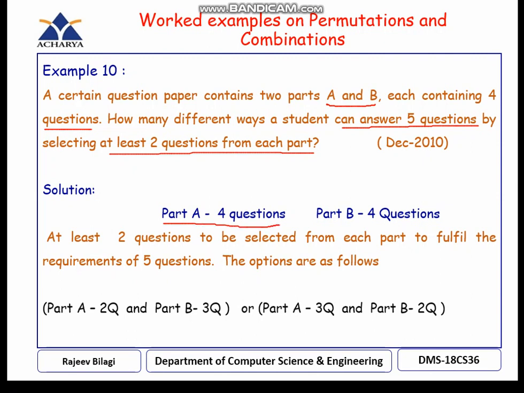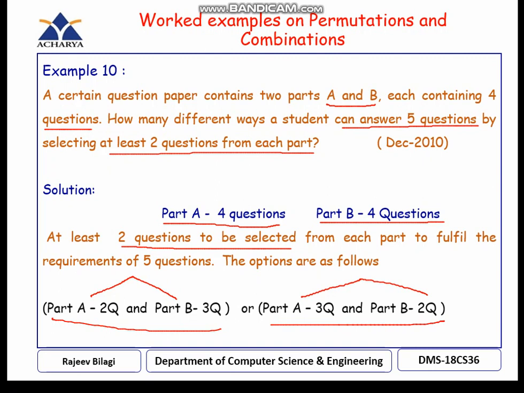Part A may contain two questions and part B three questions, so totally five questions. In the other way, part A contains three questions and part B contains two questions. So the total number will be this plus this.